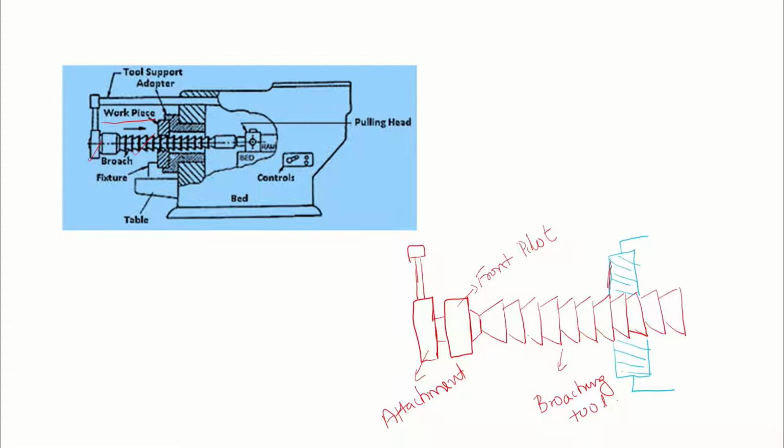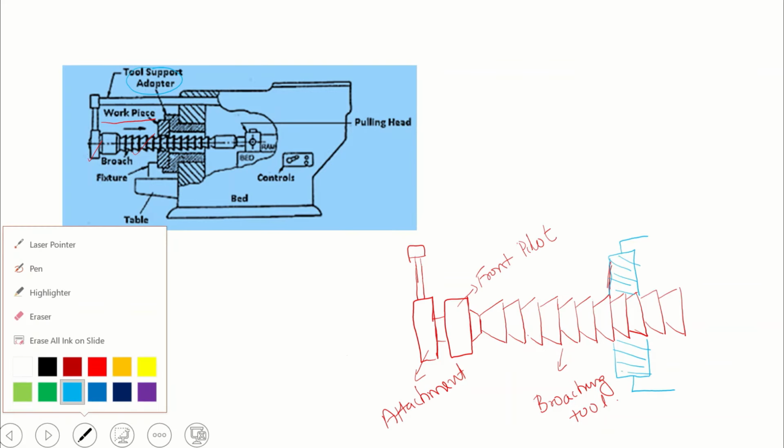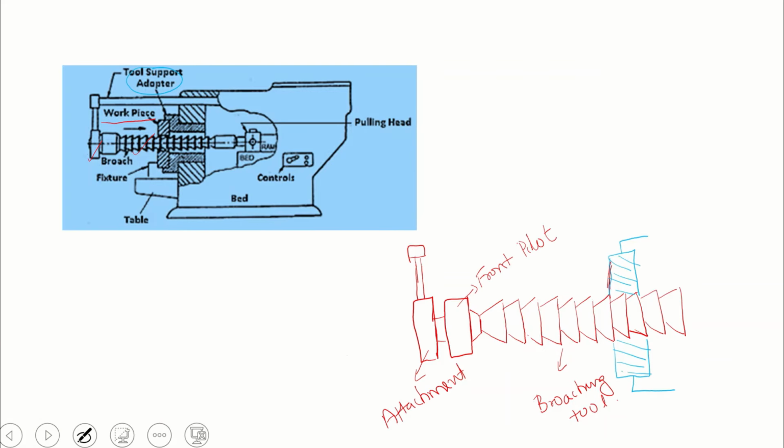That workpiece is fixed with the help of a support, that is called tool support adapter. It can be used to support the tool and the workpiece. Here you can see the tool support adapter is there, and this one.